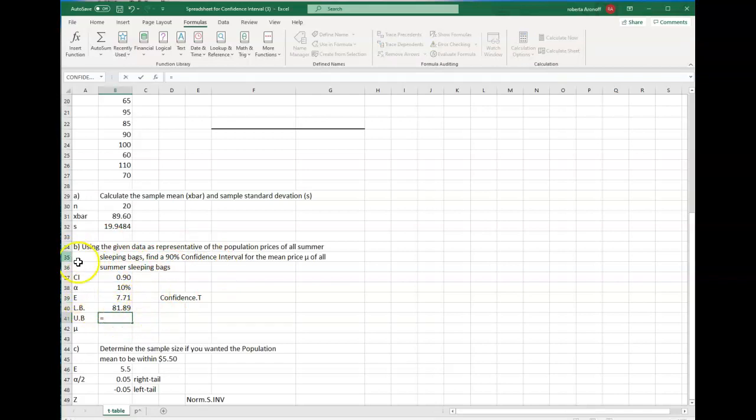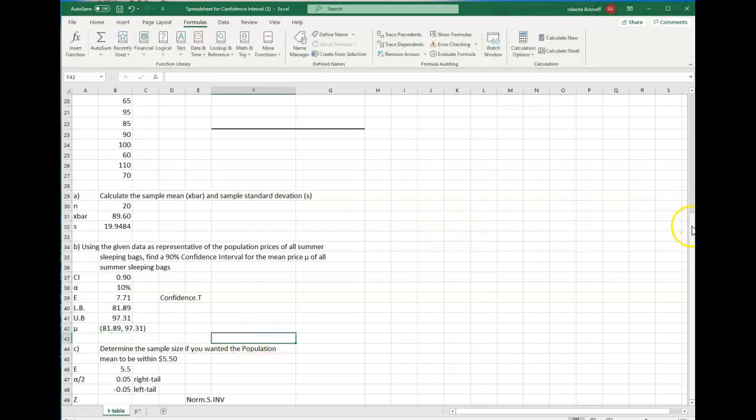Alternatively, the most expensive mean would be $89.60 plus the $7.71, which tells us that we are 90% confident that the population mean is anywhere between $81.89 and $97.31. So that tells us the range of numbers.